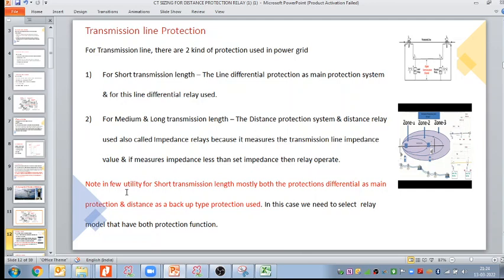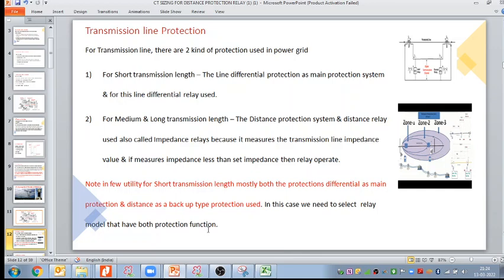Now in a few utilities, for short transmission length, mostly both protections are used, differential as main protection and distance as backup protection. In this case, we need to select a relay model that has both protection functions, that is, the differential protection function and the distance protection function also.